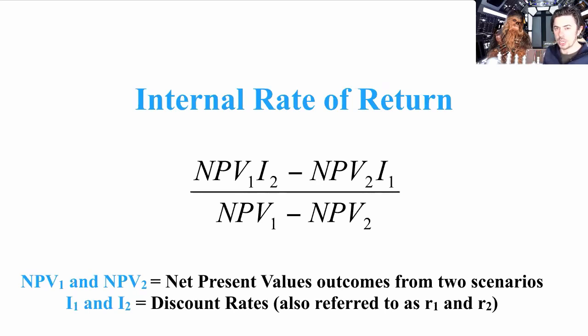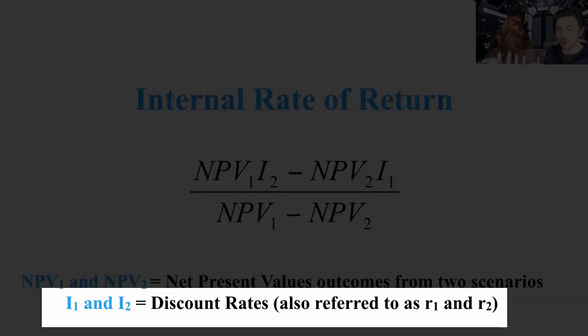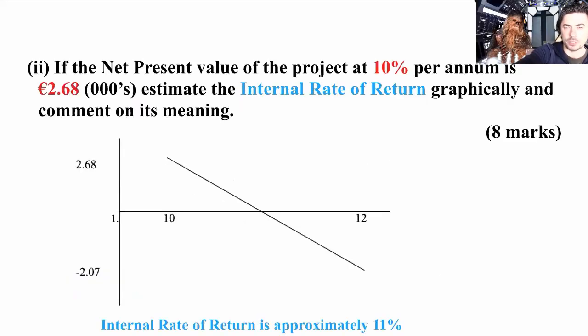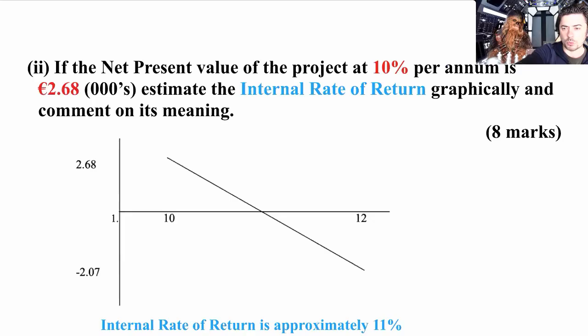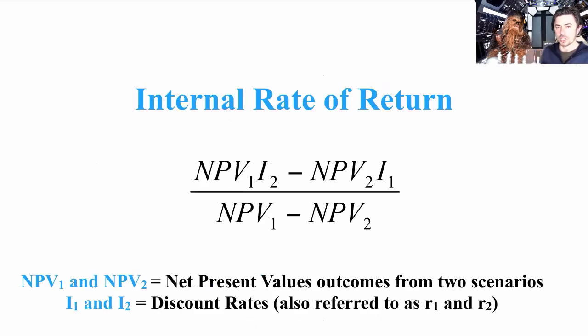And I1 and I2, I don't know why in the formula they call it I, but this is the same as the IRR1 and IRR2 that we were given. Going back to the previous question, we were told that the discount rate was 10%. Part 1 told us it was 12%. So I2 is going to be 10% and I1 is going to be 12%.